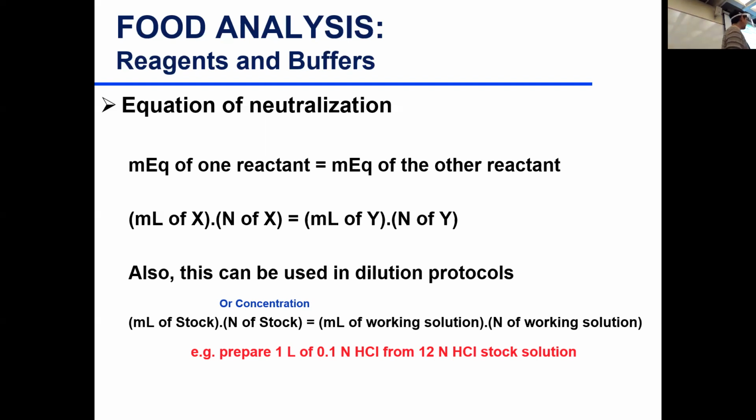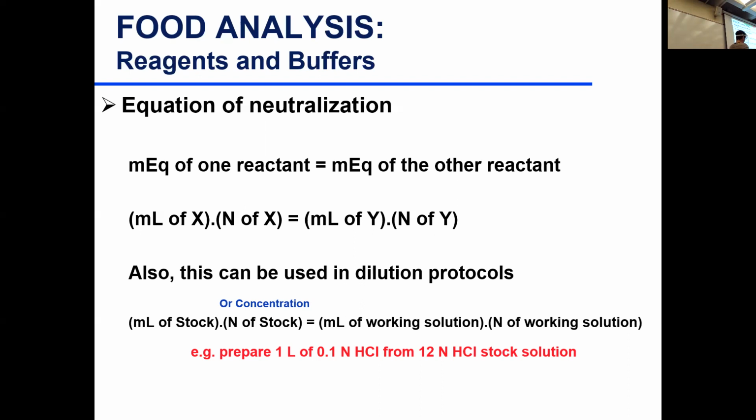Oftentimes, you're going to get solutions or reagents that you buy that are very, very concentrated. So we buy a bottle of hydrochloric acid. The normality of that hydrochloric acid is 12 normal. It's very concentrated acid. But oftentimes, we want to prepare only 0.1 normal HCl, which we use for titration in Kjeldahl assay for protein determination.